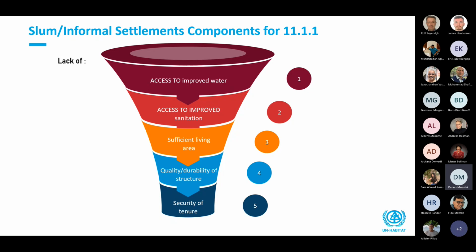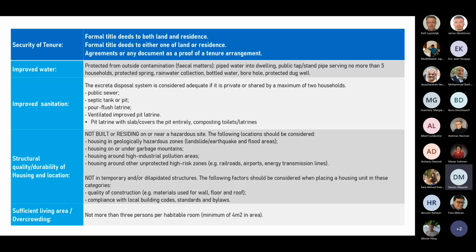We also split them into individual deprivations, so we can see what proportion of the city or urban area people have access to, or are lacking one deprivation, and those who are lacking all 5 deprivations. Again, here we wish to have data for the 5, but for some of the indicators the data inputs are not always available. So in most cases, we are often using 4 deprivations to measure this indicator.